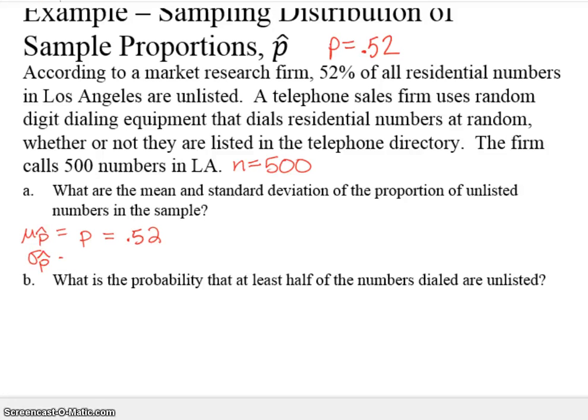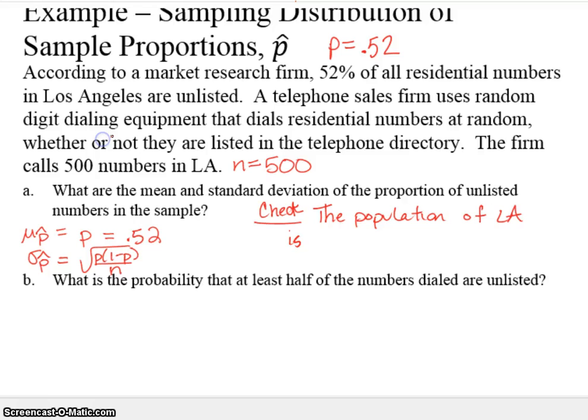Okay. Now we have the standard deviation of p hat. The standard deviation of p hat is going to be the formula square root of p times 1 minus p over n. Now remember, we can only use that formula if the population is at least 10 times the sample size, so we need to check that first. We need to decide that the population of Los Angeles is at least 10 times the sample size of 500, which is 5,000 people.